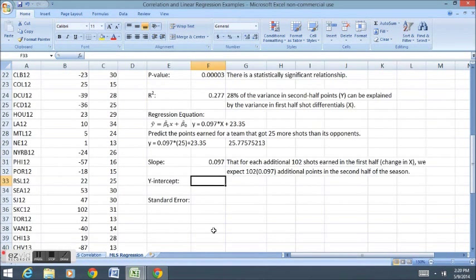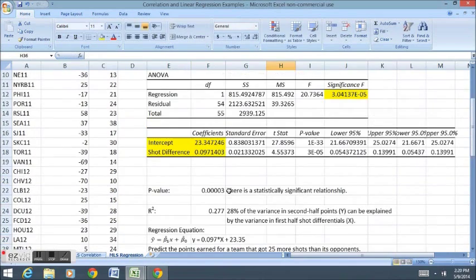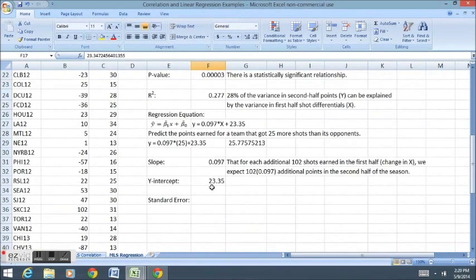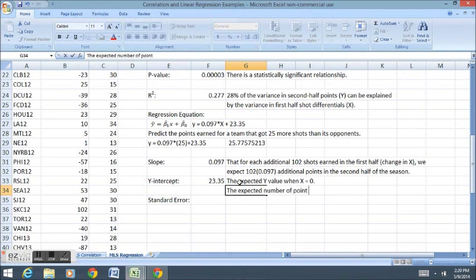The y-intercept in our case was about 23.35. We saw that up here. This is the expected y value when x equals 0. In our case, it's the expected number of points when a team gets just as many shots as its opponents.